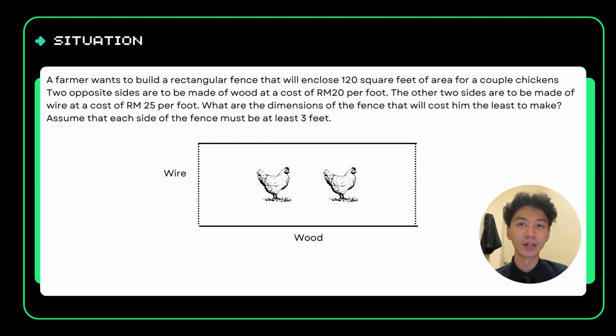Based on the last sentence, we should know that this is a minimum situation, because it said, what are the dimensions of the fence that will cost him the least to make. So the word least highlights the point that we are going to use minimum for this problem.